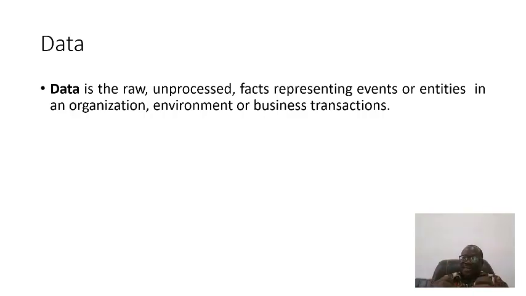These facts represent the transaction that took place. So we refer to these facts in isolation as what? Data. When you put these facts together and it's printed for you on a sheet as a receipt, the receipt becomes information. It is meaningful to you.